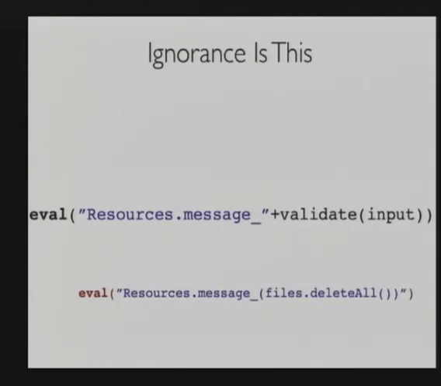Now, the second is probably going to fail at runtime because it's likely that the resource object doesn't have a method called message underscore. But it will only fail after the delete all has been performed. Okay? Because it's evaluating the arguments, and then it finds out, well, there's no such method, and it will return undefined.